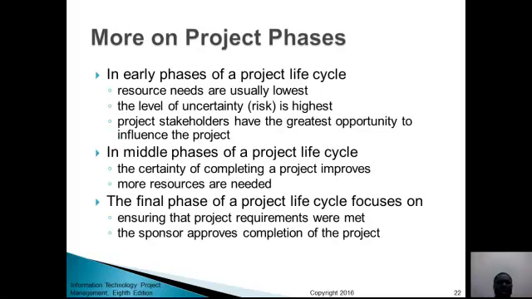Okay, so more on this: in the early phase of a project life cycle, resource needs are usually lowest because you're not taking off. You need few things to take off. The level of uncertainty is very high because you don't know how the project is going to end. You are now beginning. Then project stakeholders have the greatest opportunity to influence the project.